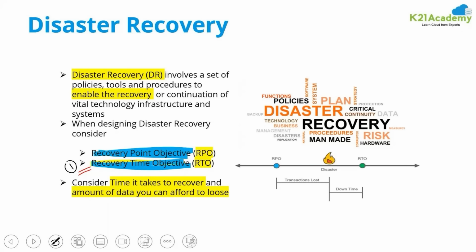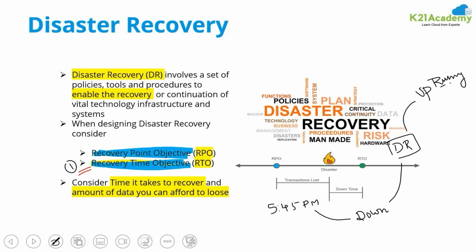Suppose a disaster occurred at 5:45 p.m. All my services were down, but my DR site was available. By using that DR site, how much time will I take to bring my systems back up and running?